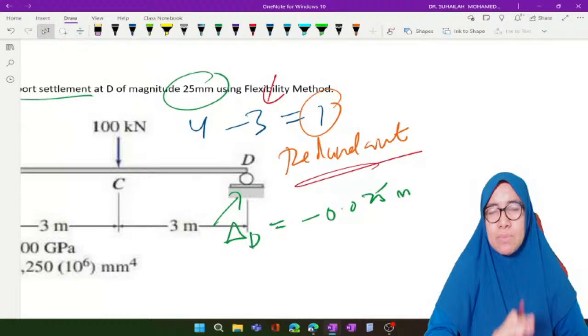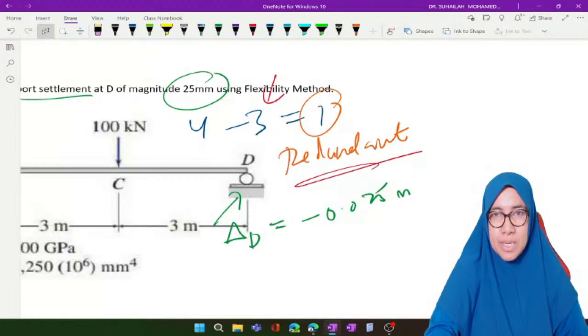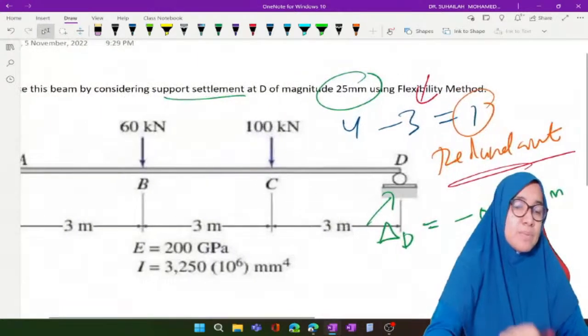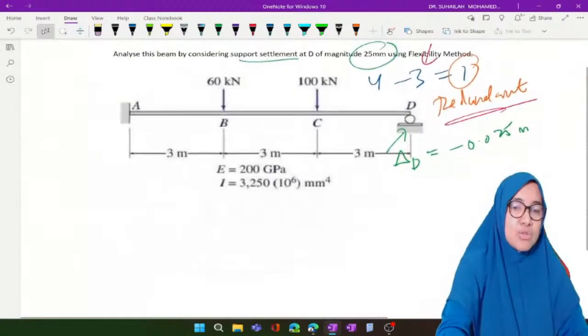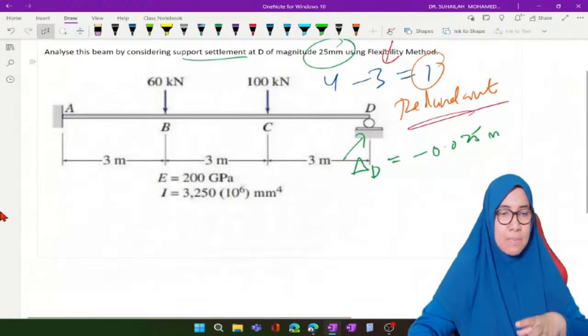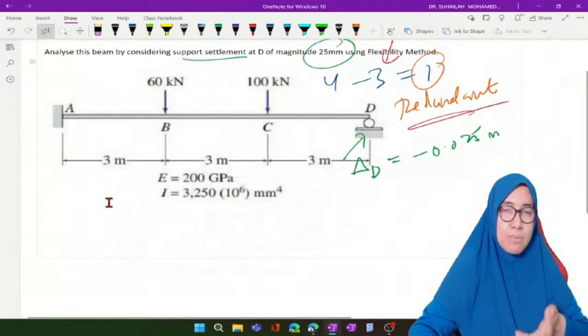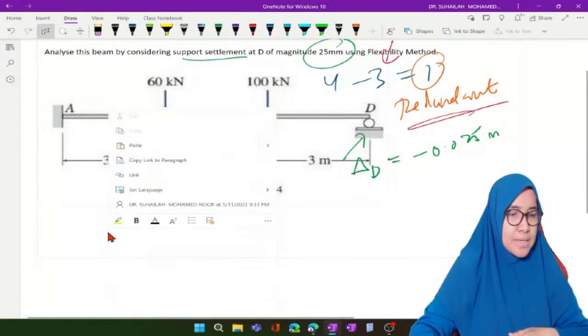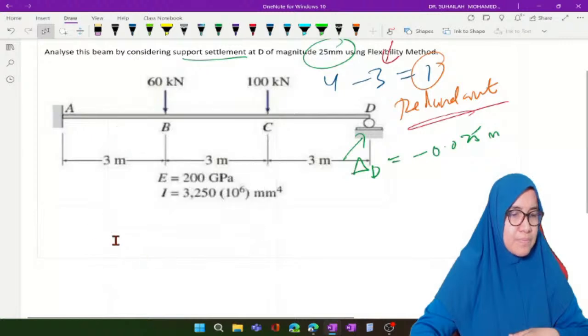Always remember that we will determine the redundant using the compatibility equation, which is based on displacement at the redundant position. Always remember the redundant will be removed from the system.